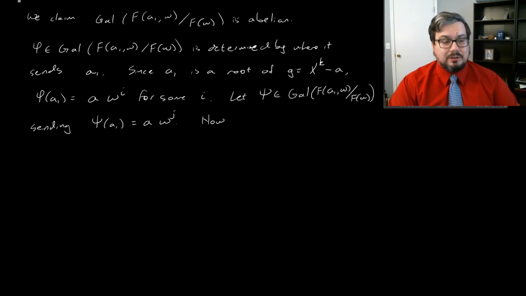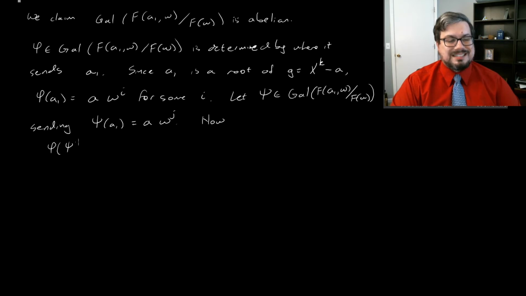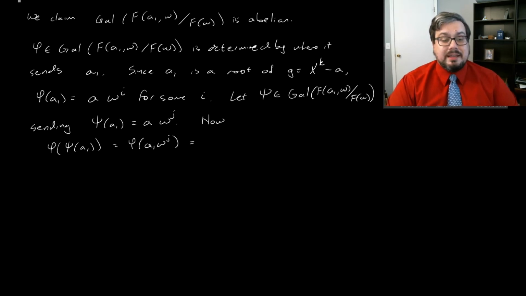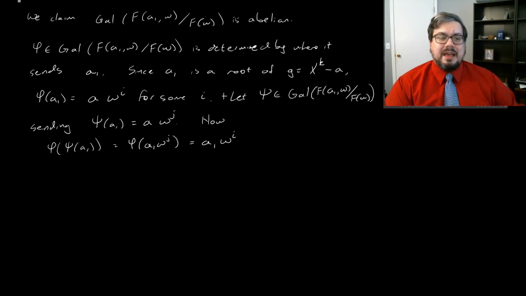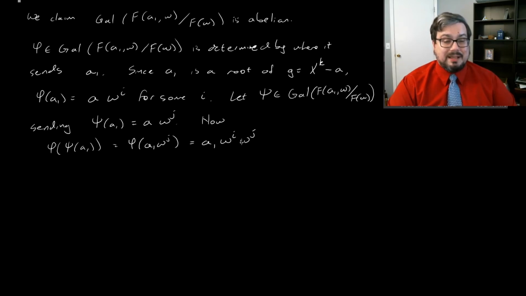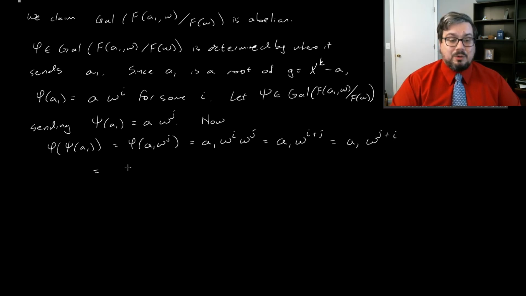So now, again, we can look at their composition. If we look at phi of psi of a1, that's phi of a1 omega to the j. Now, phi sends a1 to a1 omega to the i, but now that phi is an element of the Galois group of F of a1 omega over F of omega, we have that phi fixes omega. So we just get a1 times omega to the i times omega to the j, which is a1 times omega to the i plus j, which is a1 times omega to the j plus i, and we can unwind it in the other order.